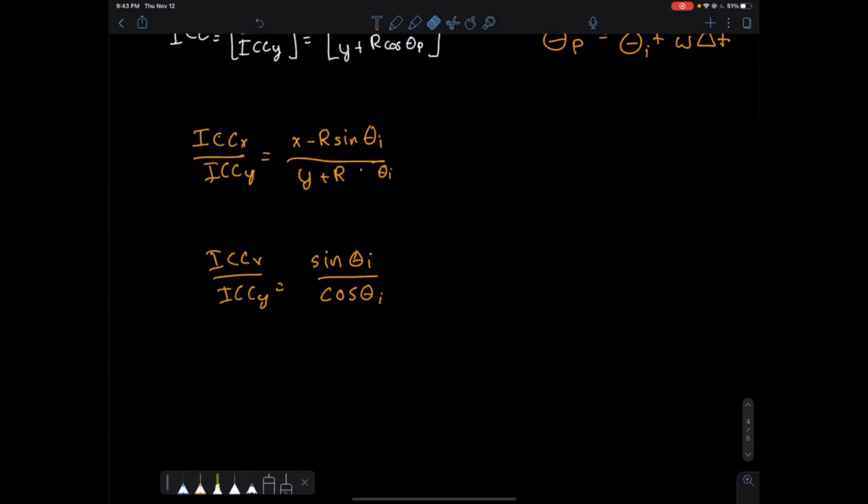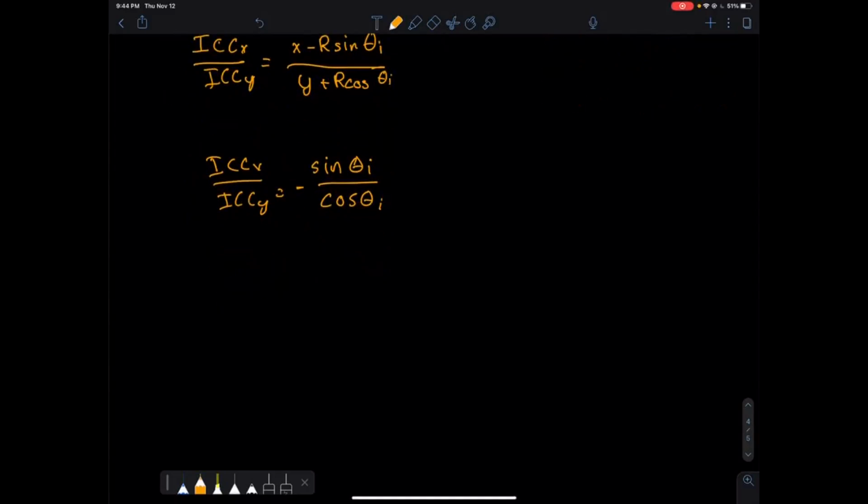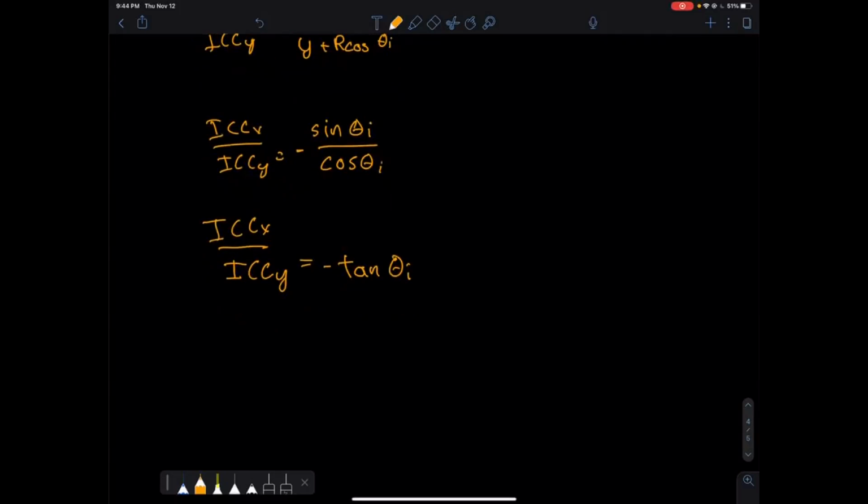This should be a cosine. And that is negative because there's a negative sign up top. We've canceled out the R's, I just didn't want to write that down. And now we have ICC X over ICC Y is equal to the negative tangent of theta I. So you should probably just write down this formula and skip all of that derivation, because you probably don't need to do it if you can just figure out that that's the formula you need.